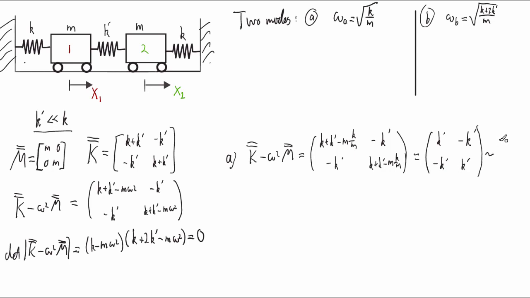This is proportional to the matrix 1, minus 1, minus 1, 1. Okay. And then we can do the same thing for mode B.